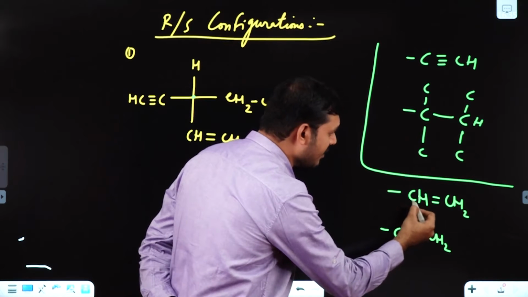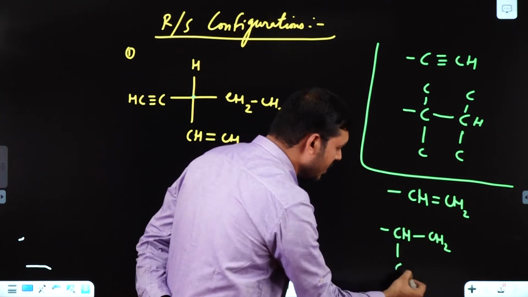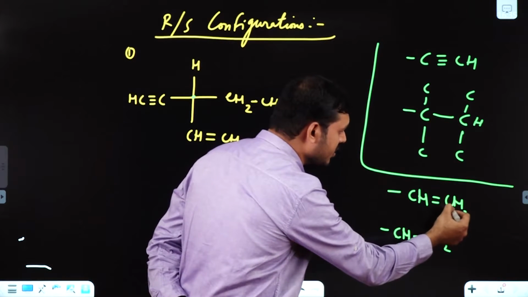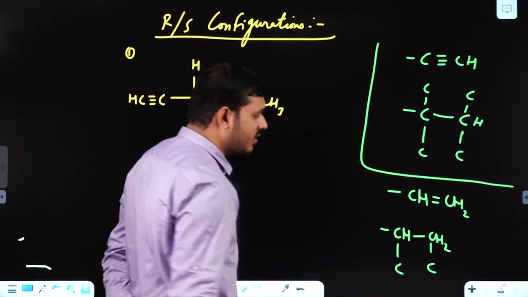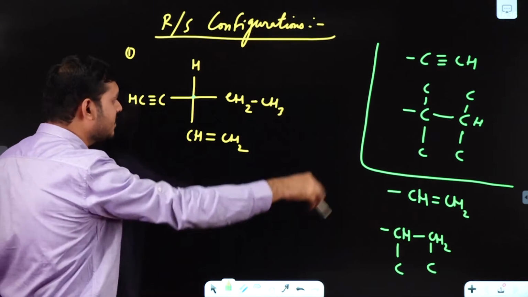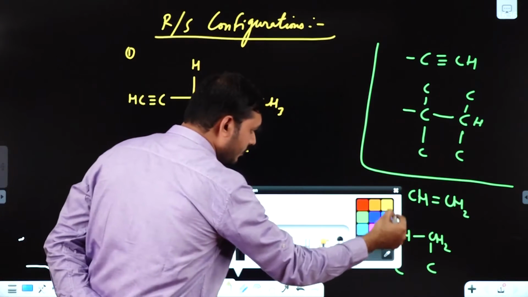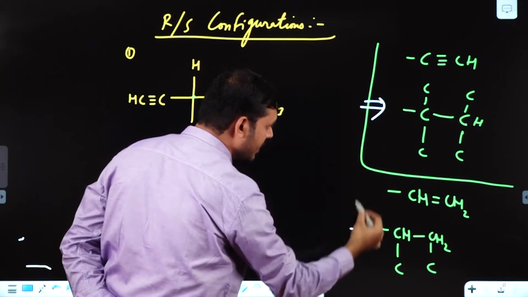Now this carbon is hypothetically connected with two carbon atoms, one is there, another is here. Now this carbon is also connected with two other carbons, one is already there, one you have to connect. So now students, if you see this position, the hypothetical part, this part and this part.